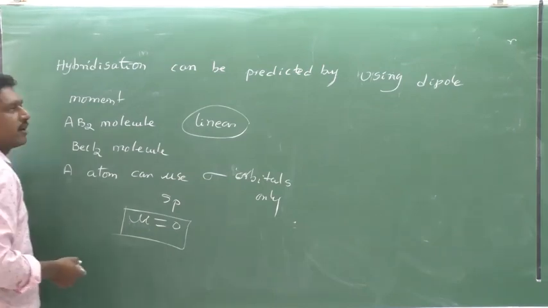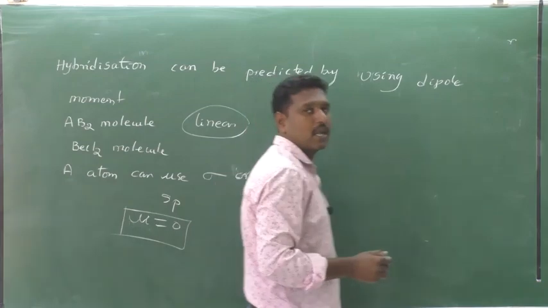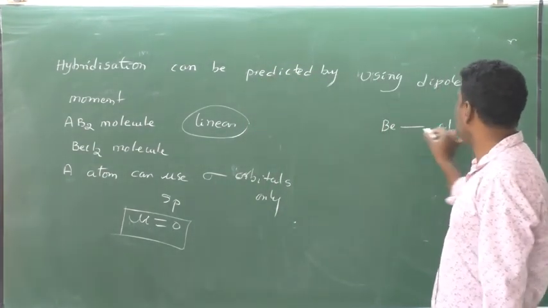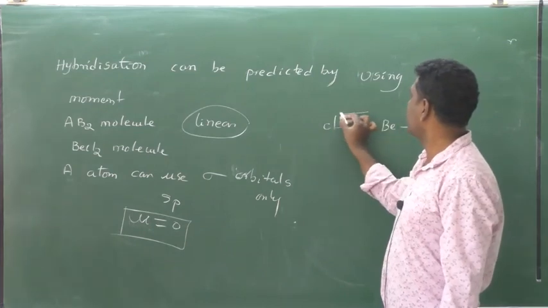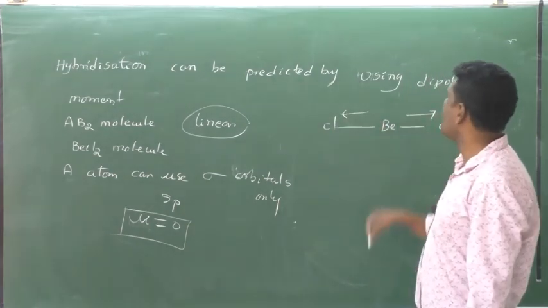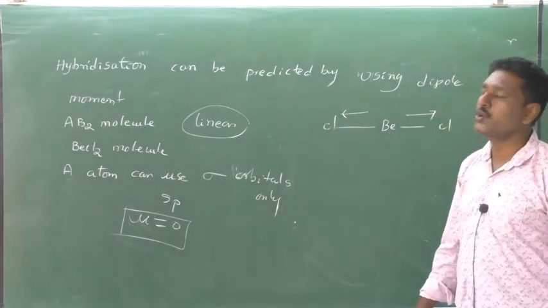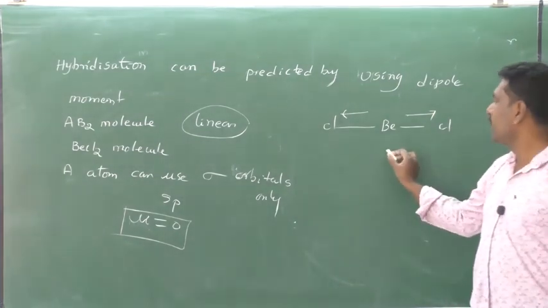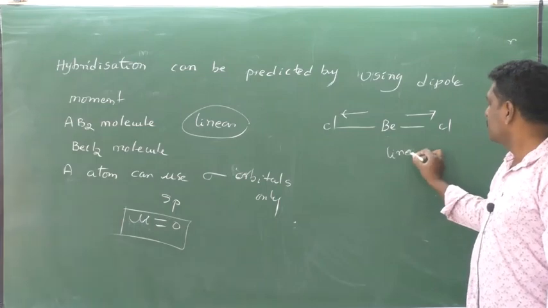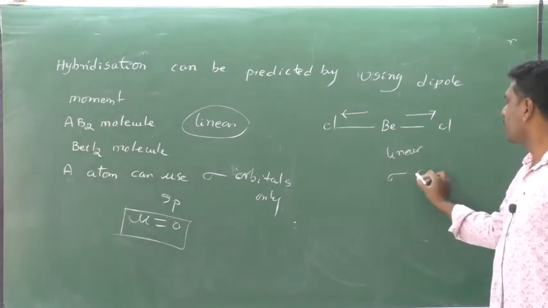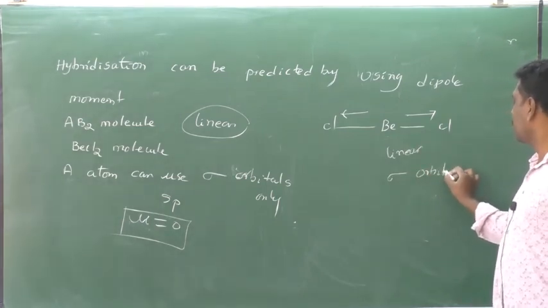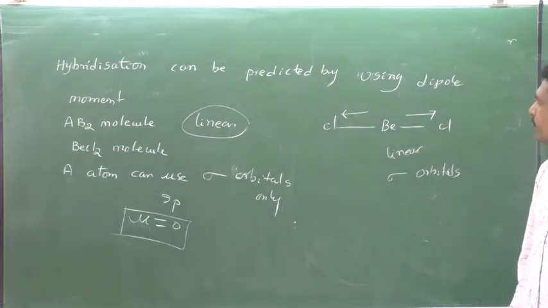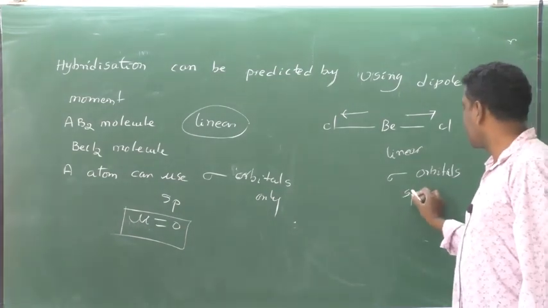So I will draw the structure of BeCl2 here. Here only sigma orbitals are utilized by beryllium. Therefore the structure is linear, with sigma orbitals utilized, no pi orbitals, and sp hybridization.